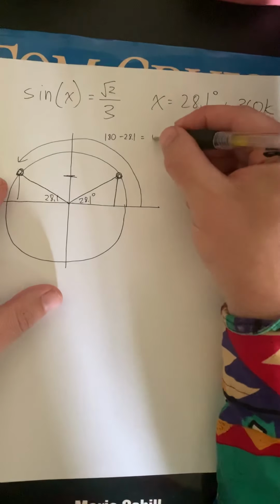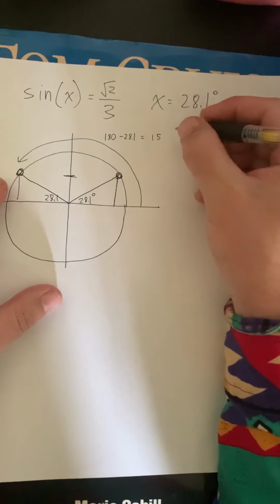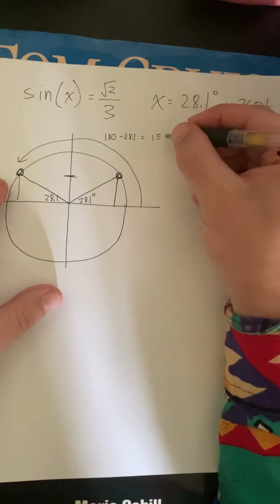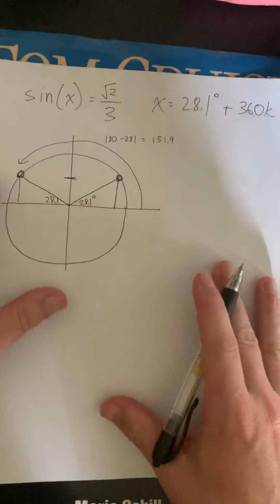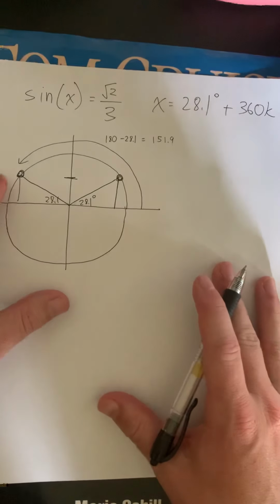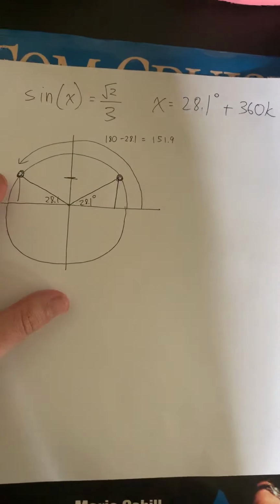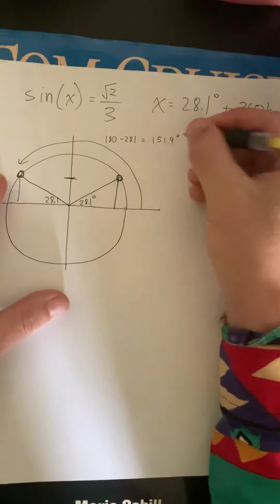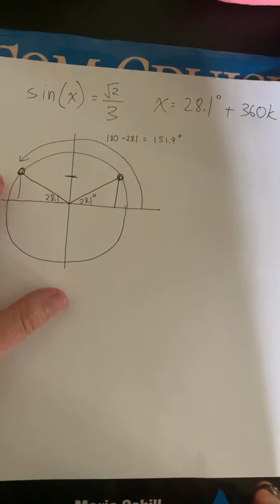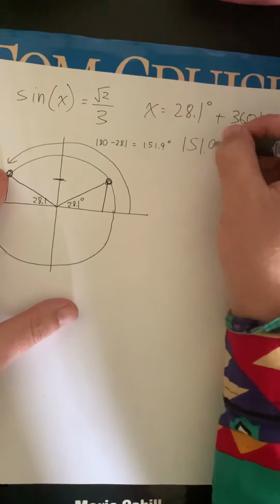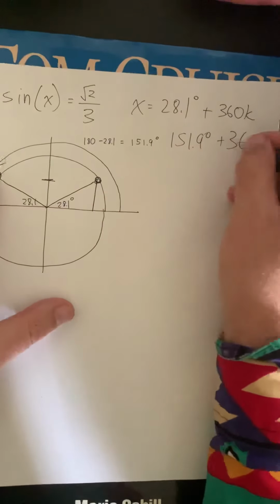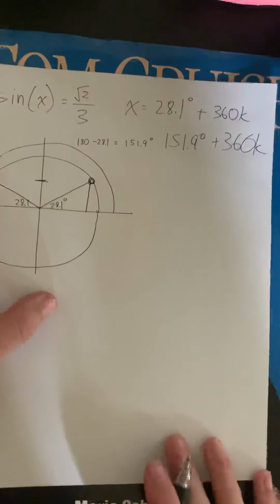Do it in your head. That would be 151.9. Or you can just use the calculator. Obviously, it doesn't really matter. So, that is our other triangle. 151.9 degrees, and we could add 360k to that.